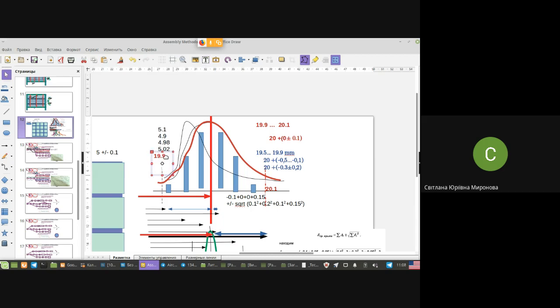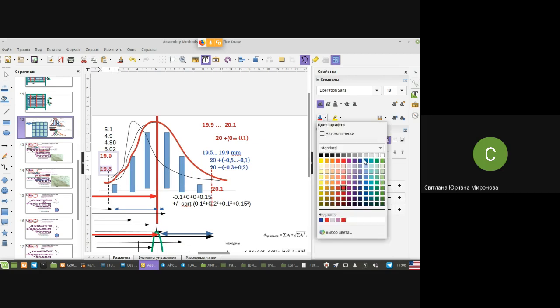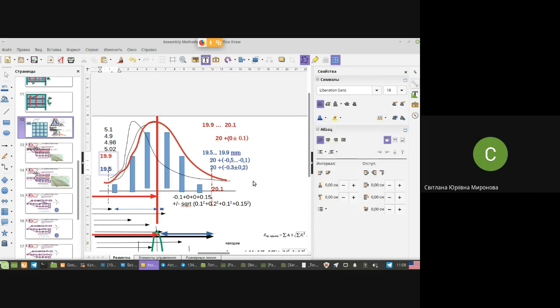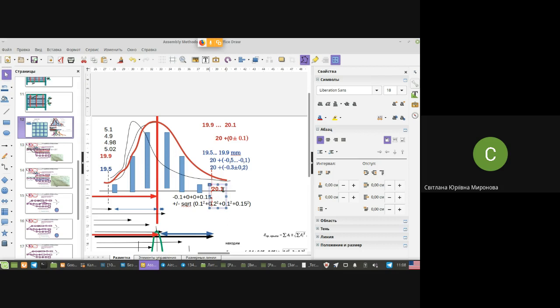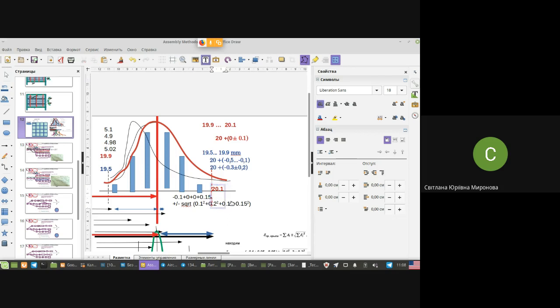Let's try to add this in this example. 19.5. What do we see visually? 19.5. You see at this place, what will we see? 19.9.